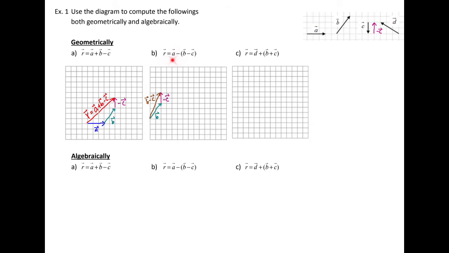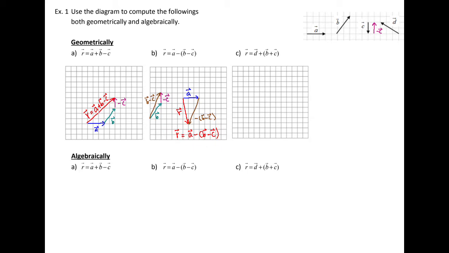So first we draw vector A, and we draw the opposite vector of the brown vector B minus C. So we just switch the tail and the head. So we're going to have this. And then we can get our resultant by connecting the tail to the head. The red vector R is vector A minus bracket vector B minus vector C.